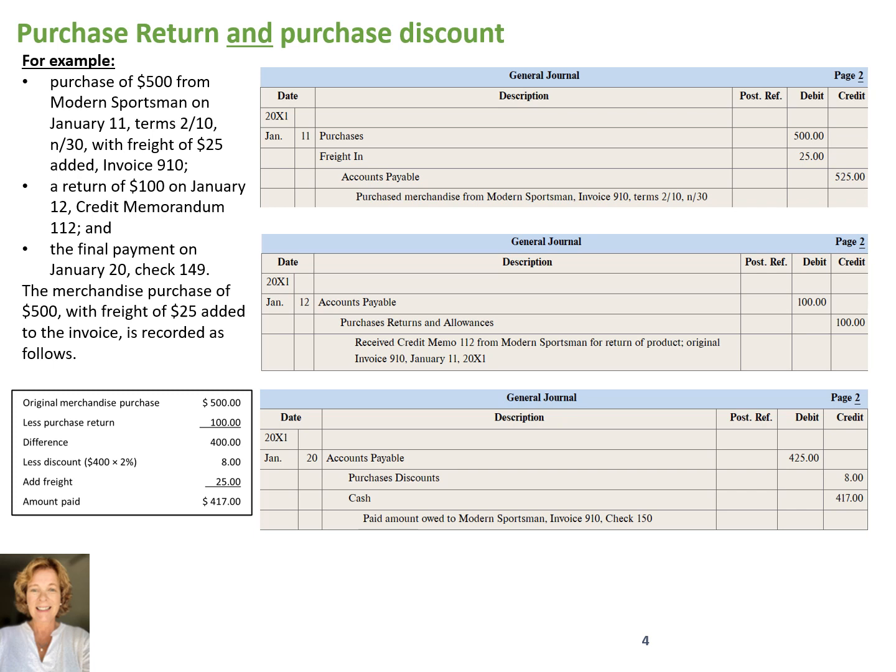The merchandise purchase of $500 with freight of $25 is recorded with a debit of $500 to purchases, a debit to freight in for $25, and a credit to accounts payable for $525.